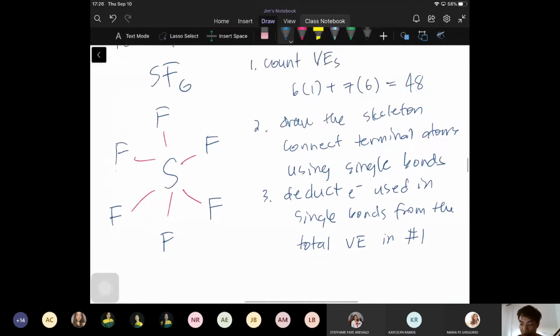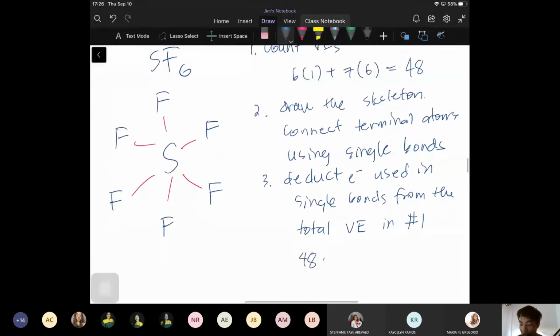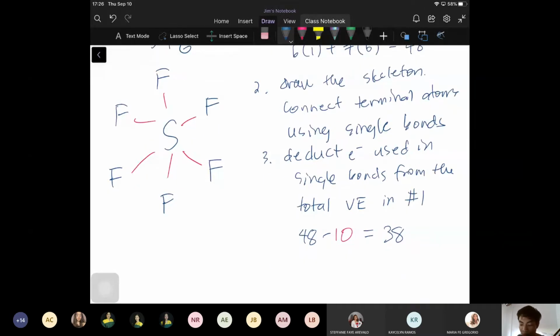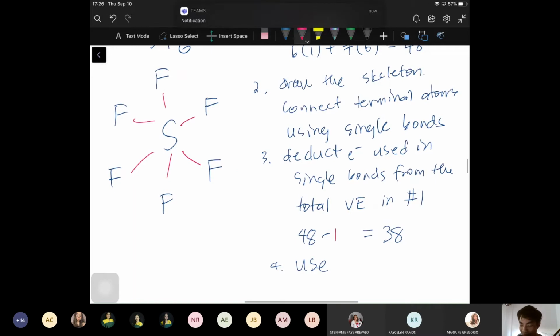So, ilan na lang yung natira ko? So, I have 48 minus 10. Yan yung ginamit ko sa single bond. So, ilan yan? 38 na. Okay? Ano gagawin ko dito sa 38, no? Oo nga pala. 6 nga pala, no? 12 pala. Okay. 12.